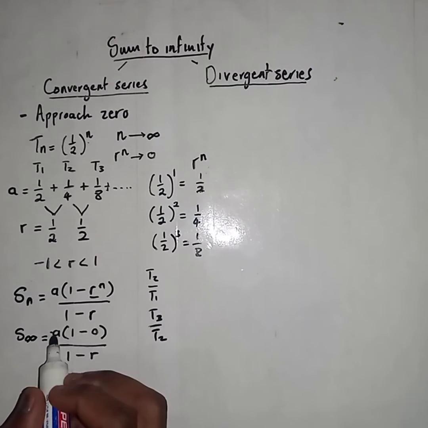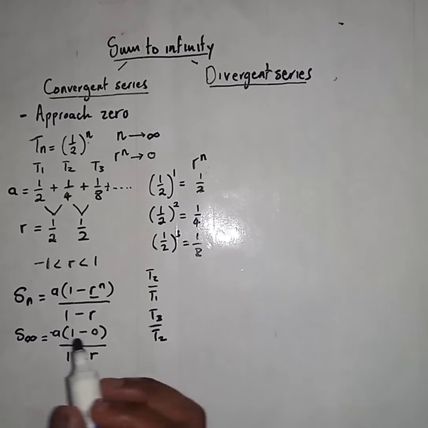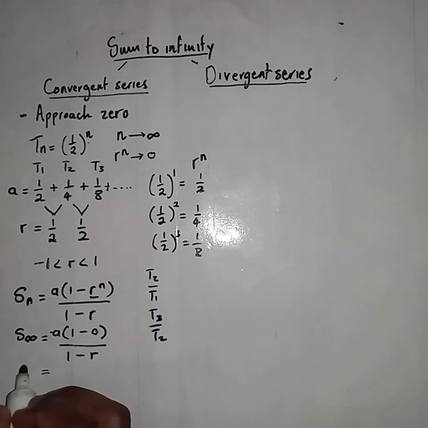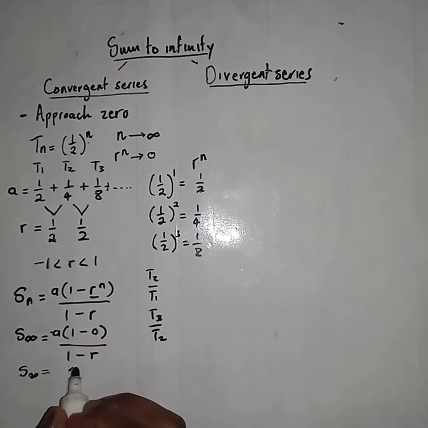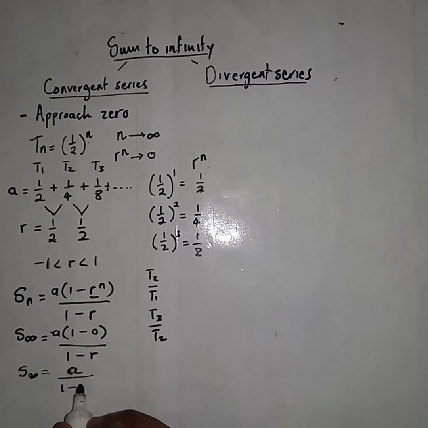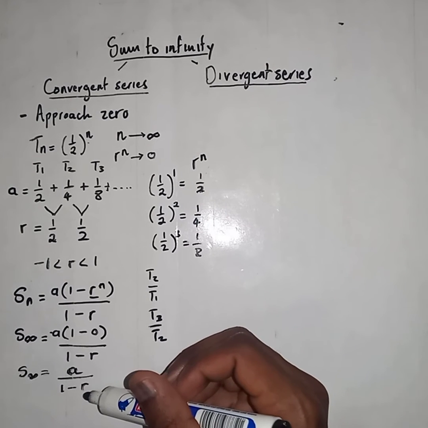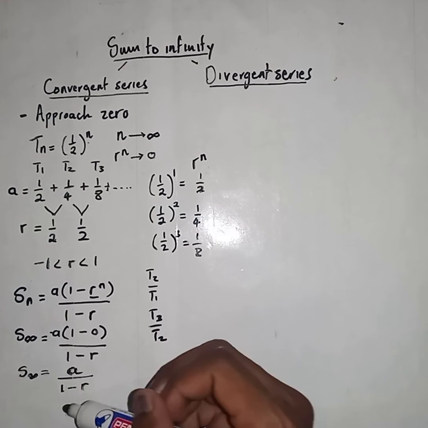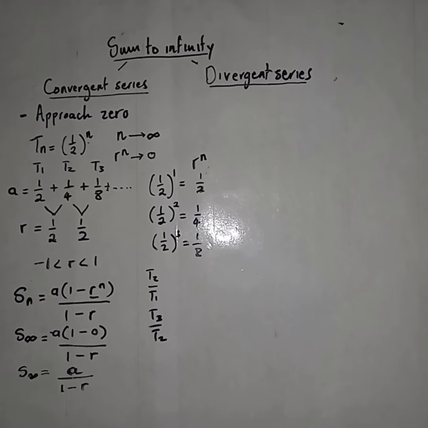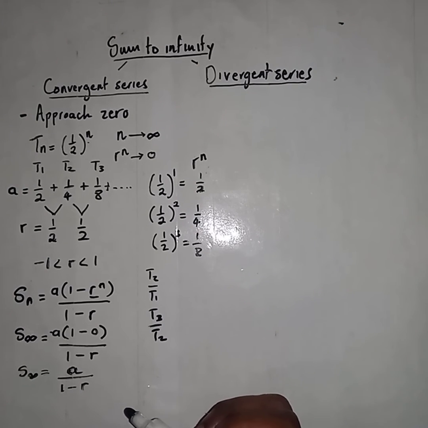Eventually, if we multiply throughout by a, we are going to get a divided by 1 minus r, which is our formula that we are going to use to calculate the sum to infinity.